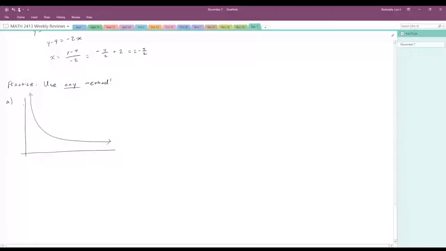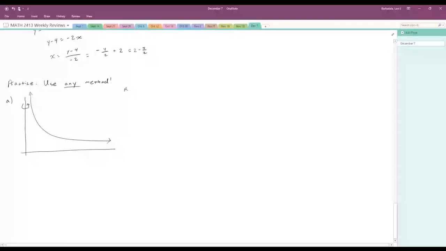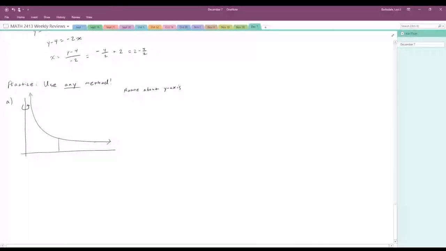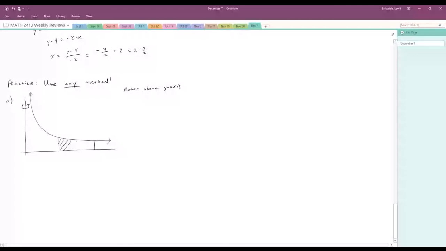We're rotating it about the y-axis. I want this region from x equals 1 up till x equals 2.